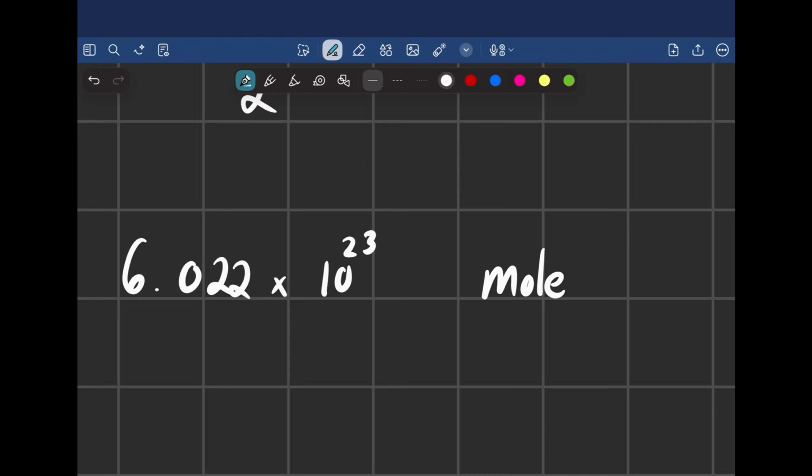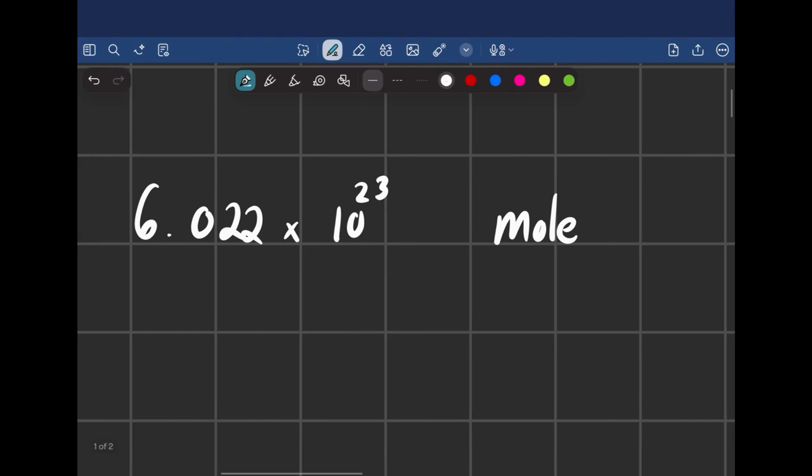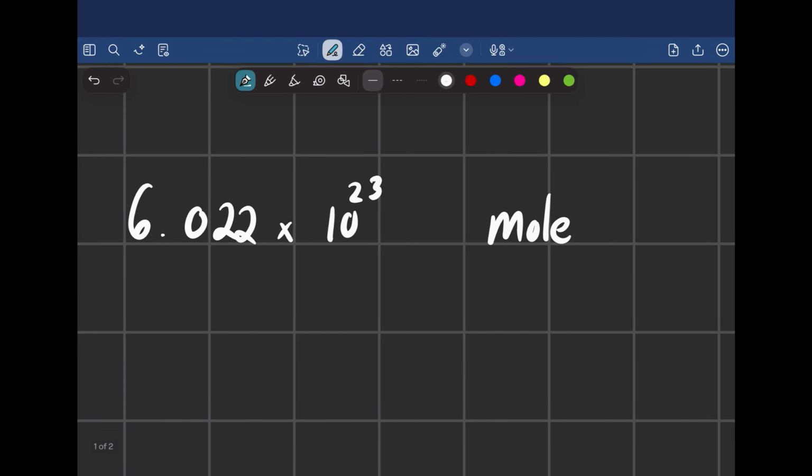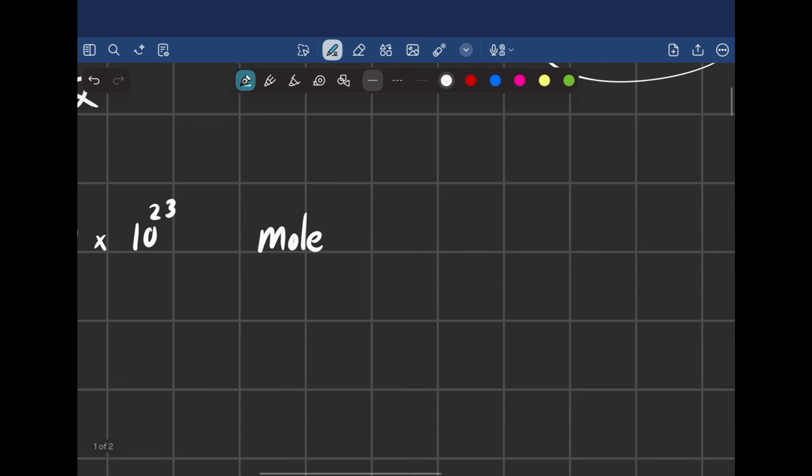And 1 mole is a measurement in chemistry. We talk about how much something is, and it's used as a bridge between talking about atoms and something more like something we're used to, like grams or density, honestly.